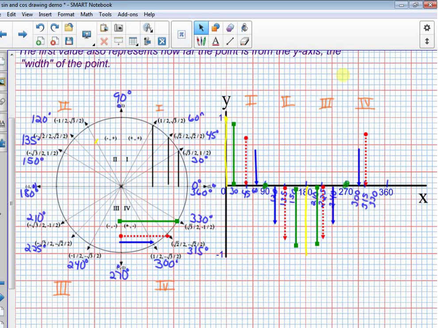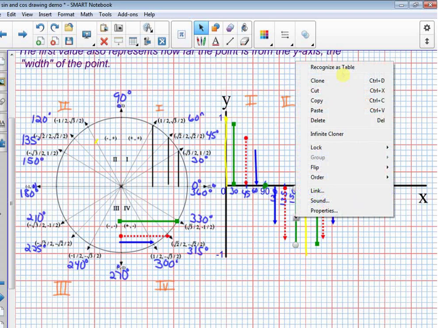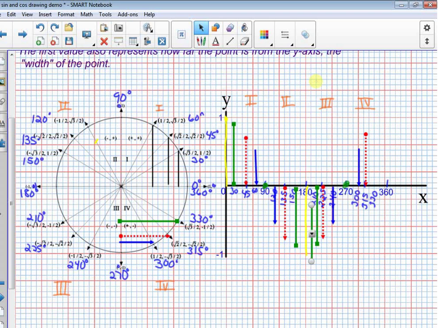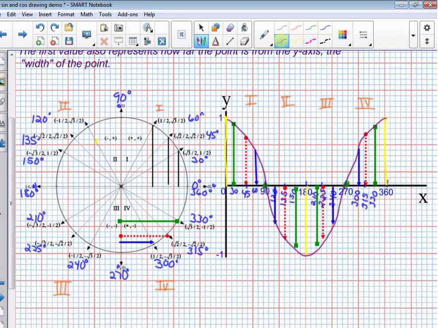Okay, and the last one, so we'll just clone one of these. And then at 360, we're back to 1. So now if we take and we connect this, it looks like that.